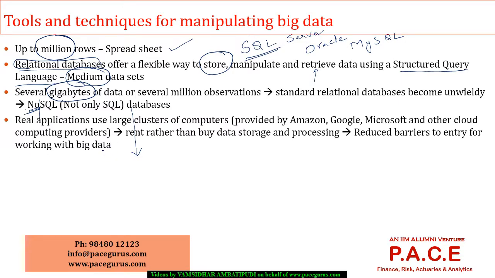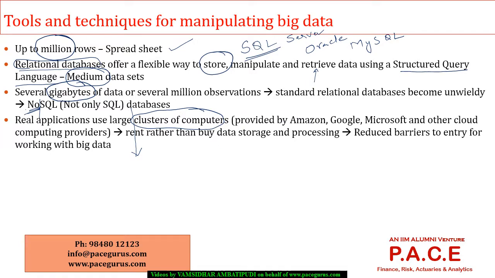Today, if we look at the majority of the applications, especially in the e-commerce space or in the banking space, we are talking about real-world applications where the whole data is stored not just in one computer. We are talking about huge clusters of computers. Now, these are not owned by the companies.